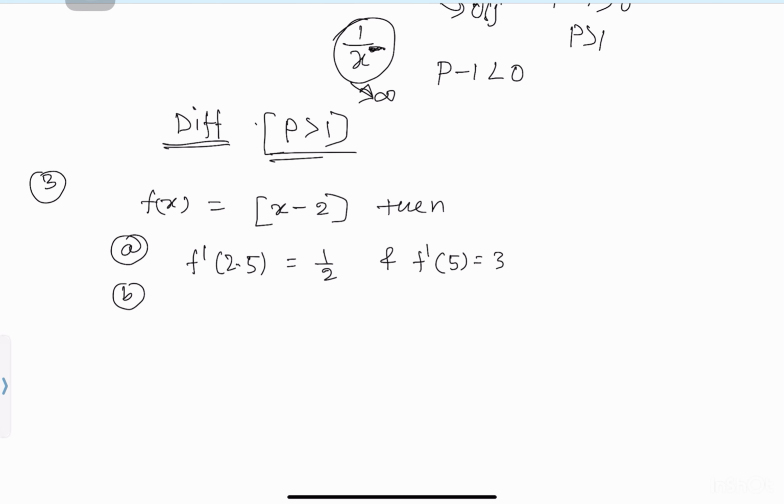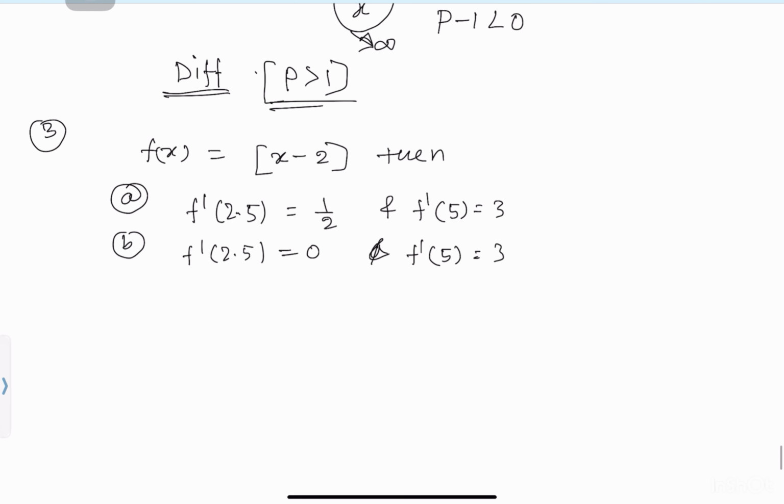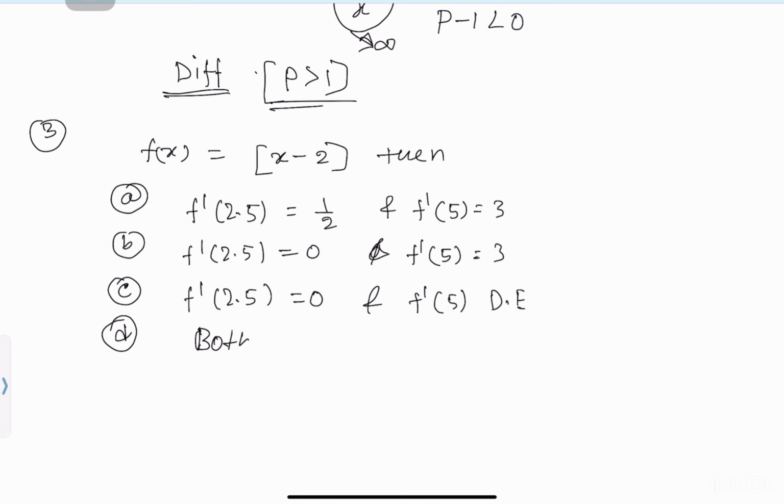Second option, f dash 2.5 equal to 0 and f dash 5 equal to 3. Third, f dash 2.5 equal to 0, f dash 5 does not exist. And fourth, both do not exist.